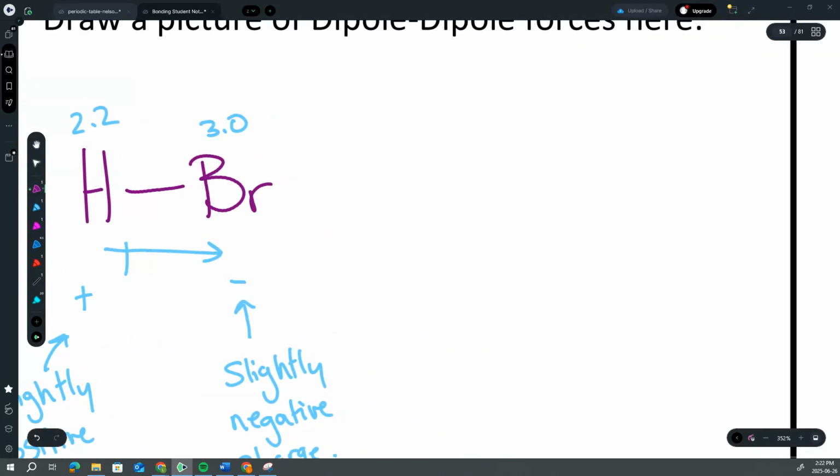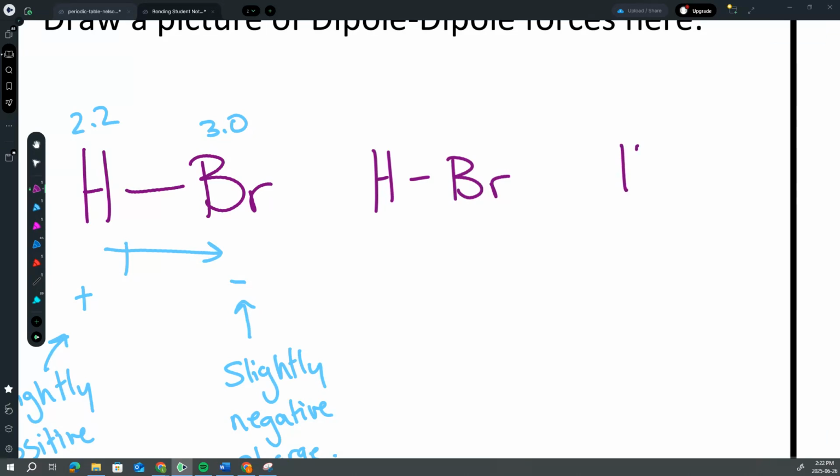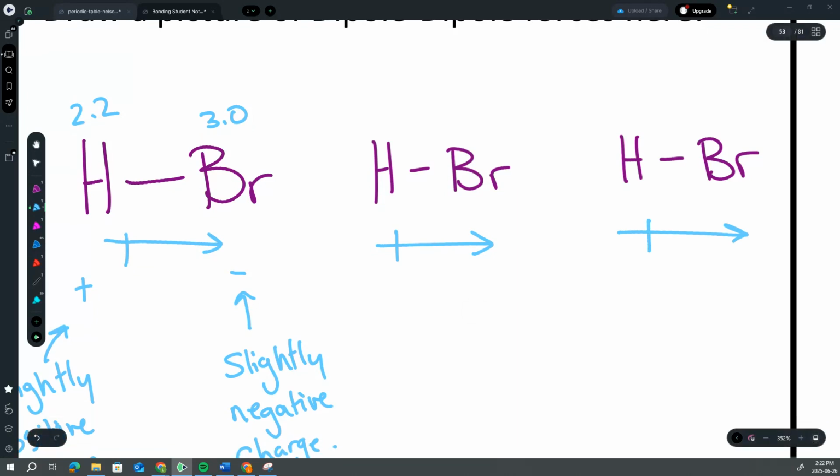So let's draw a few more of these molecules just to demonstrate what we're trying to show here. So the attraction, or the dipole-dipole force, is going to happen between the negative side that has the bromine on it and the slightly positive side that has the hydrogen on it.